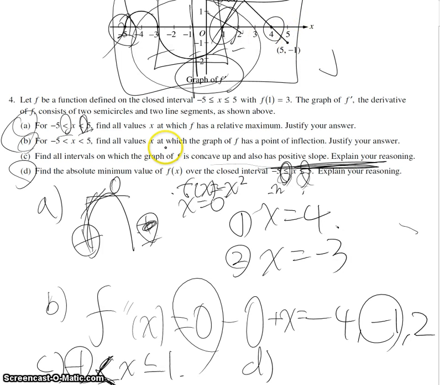So for -5, we already know where the relative minimum occurs, right? That occurs when the graph's derivative becomes positive from negative, and at that 0 point you're going to have a relative minimum, which could be absolute or not.